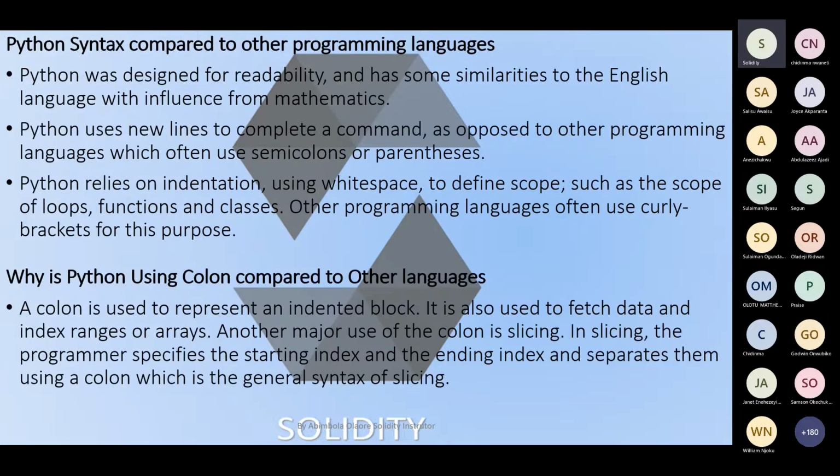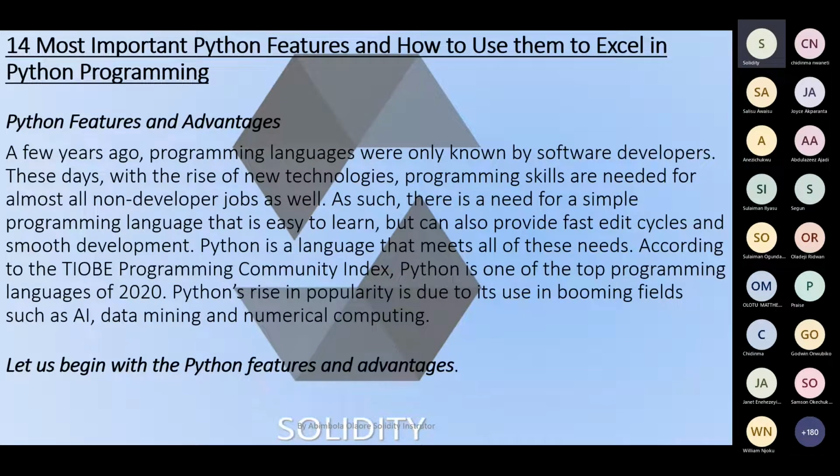The 14 most important Python features and how to use them to excel in programming. Python features and advantages. A few years ago, programming languages were only known by software developers.